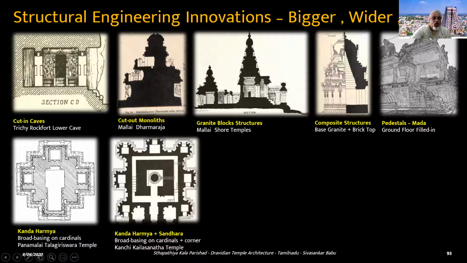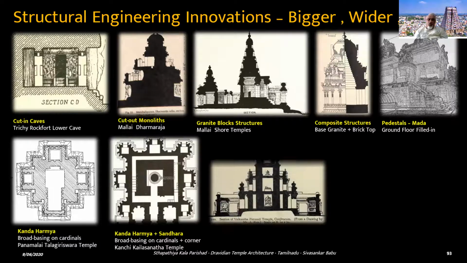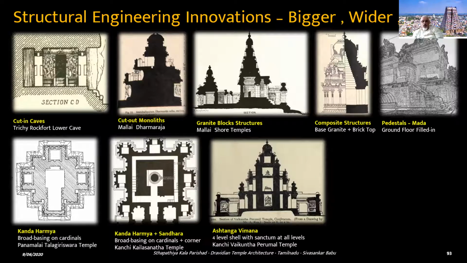Here, instead of only having 3 Angalayas, we have 7: 1, 2, 3, 4, 5, 6, 7 Angalayas, and the 2 on front are part of the entrance complex. By this method, they also try to have a wider base so that you can take heavy load and you can have taller temples. Then in the Nandivarma period and other periods, they tried to optimize the vertical space available by building more sanctums inside the Vimana itself as a shell.